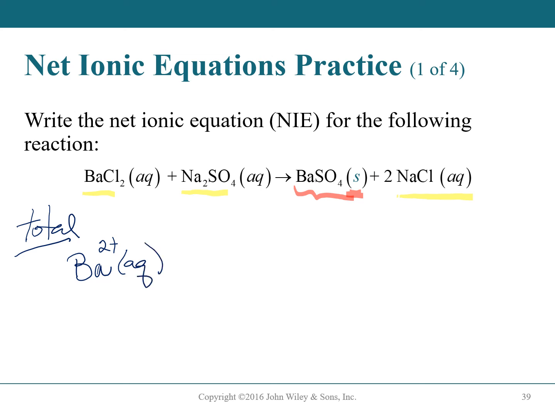Okay. Now what about this? Listen, this does not exist. You know from all the semester, you know that chloride exists as this. So why do we have the subscript? To make it neutral, we needed two of them to make this compound neutral.